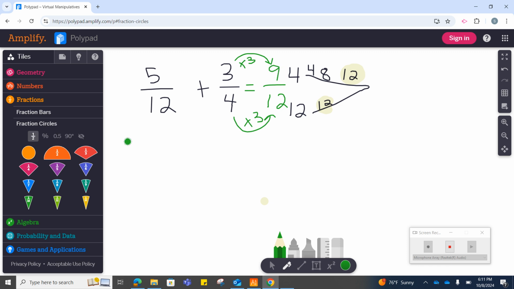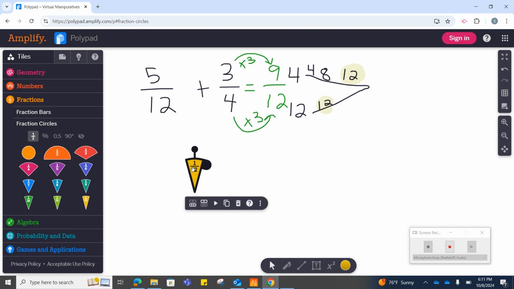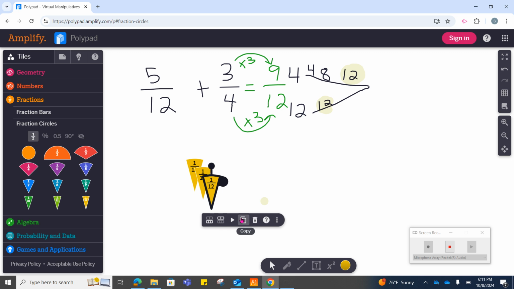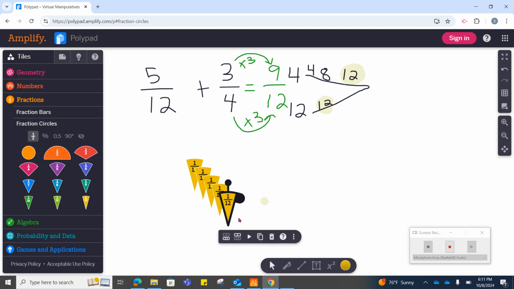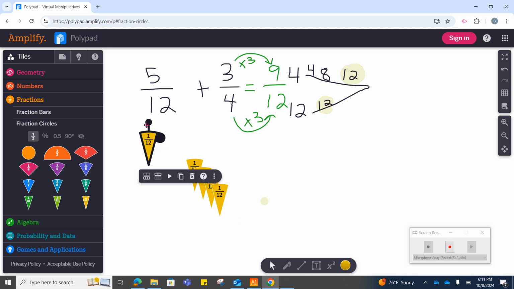Here's 1/12. I'm just going to copy the 2/12, 3/12, 4/12, 5/12. So I'm going to roll these up over here for us. And I always like doing it as circles because I think over time you get used to what we call the openness or the closeness of the circle.